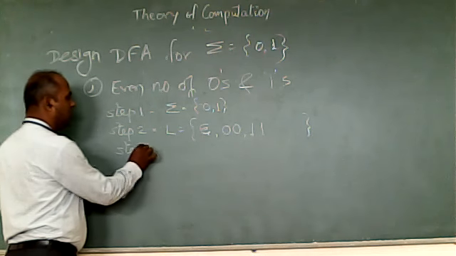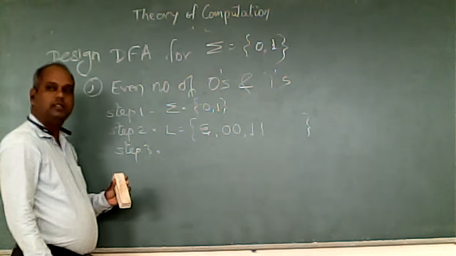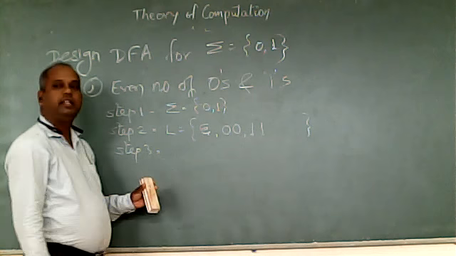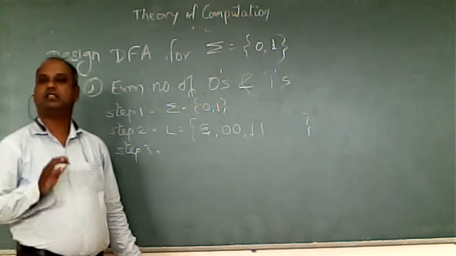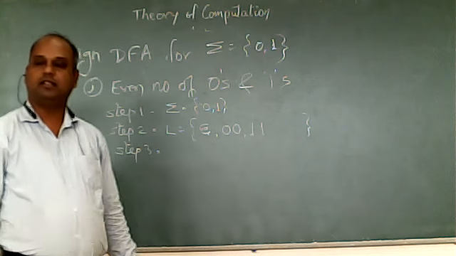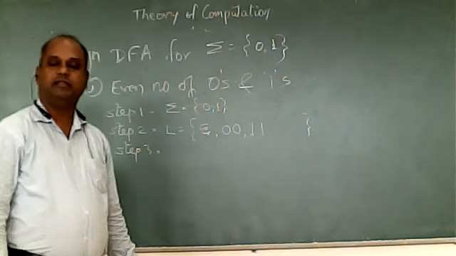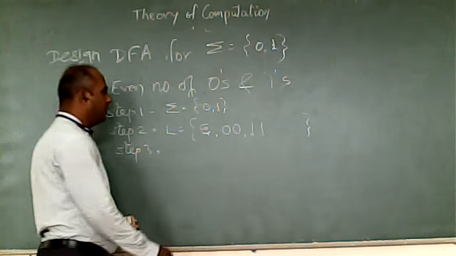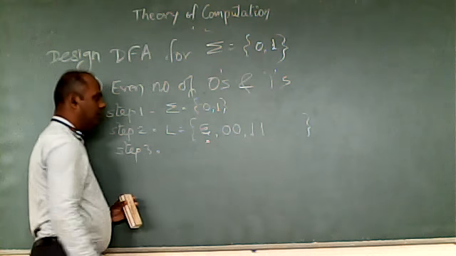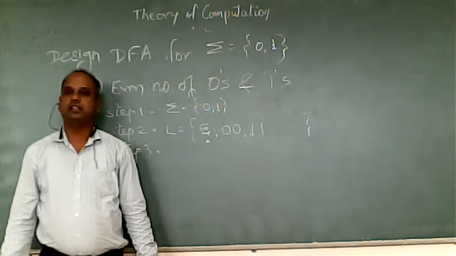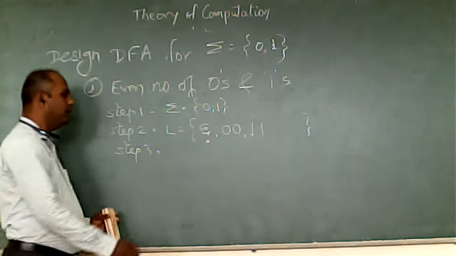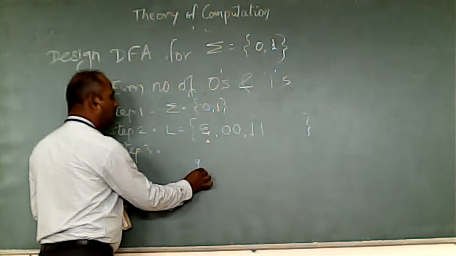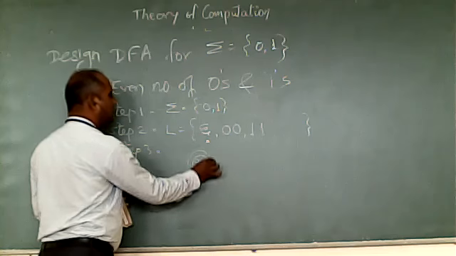Now step 3. Step 3 is designing the DFA for the smallest size valid string. If we consider epsilon as the smallest valid string, your DFA will be like this: Q0.